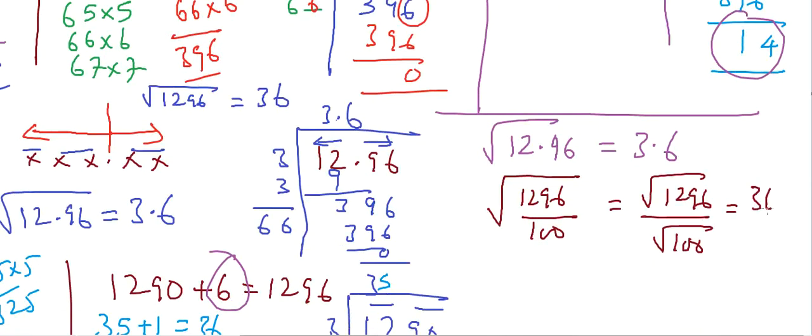The square root of 100 is 10, because 10 into 10 is 100. So what is 36 by 10? 3.6, because dividing by 10 moves the decimal one place to the left. So this is another way of finding the square root.